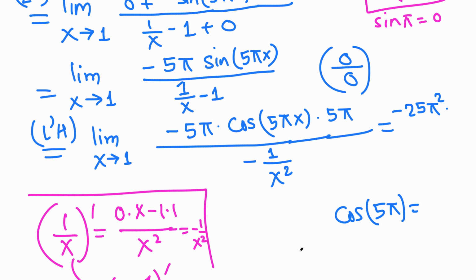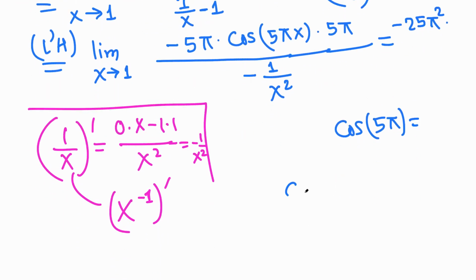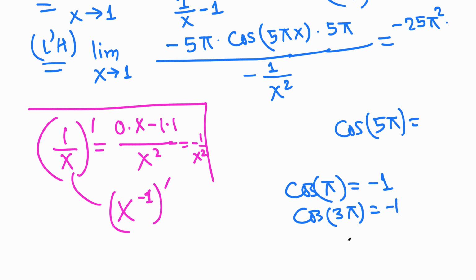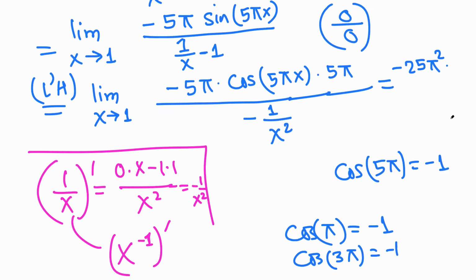We know that cosine of pi, 3 pi, 5 pi are all the same. Cosine pi, that's cosine 180, is negative 1. After 2 pi, we get 3 pi, that's negative 1, and this is also negative 1. You can check in your calculator. So negative 1 all over negative 1 over 1 squared, which is negative 1, means 1.